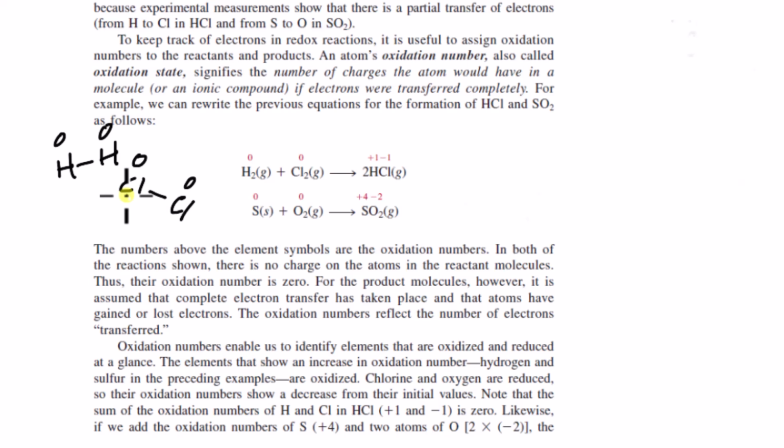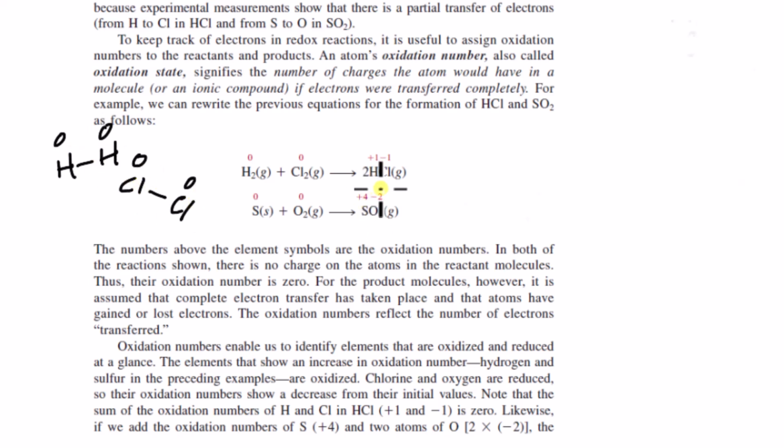And so if there's no polarity at all, then the number of electrons hypothetically transferred is 0. Therefore, in these cases, the hypothetical ions that are created are neutral. There actually aren't any hypothetical ions created. So the oxidation number, the charge on the quote-unquote ion, is 0. And that's the oxidation number.